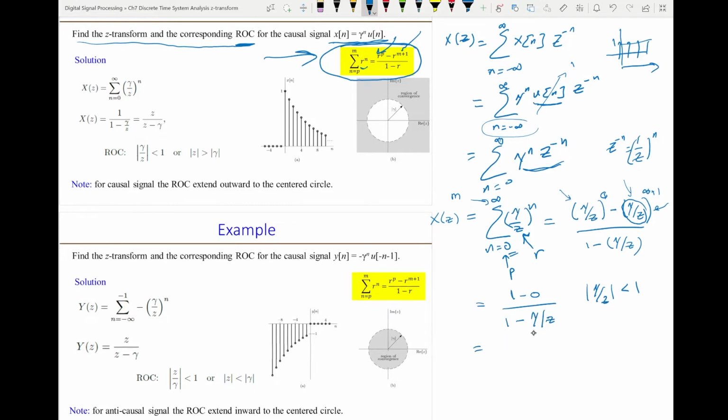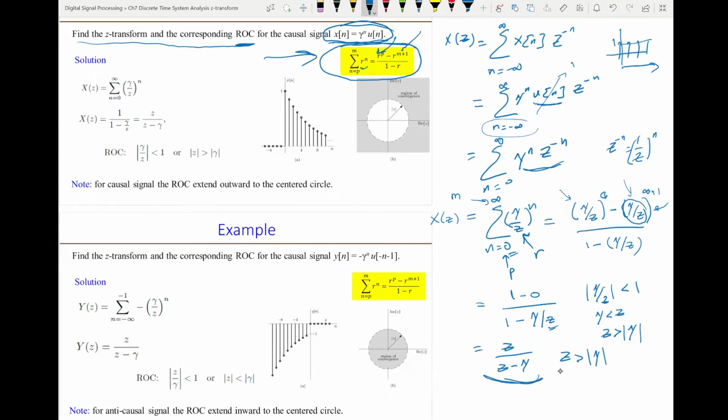And if I clean this up, I will just multiply numerator and denominator by z, and I will have z over z minus gamma. And this basically is the same as the magnitude of gamma less than the magnitude of z, or z larger than the magnitude of gamma. So for this signal, the Z transform is this.